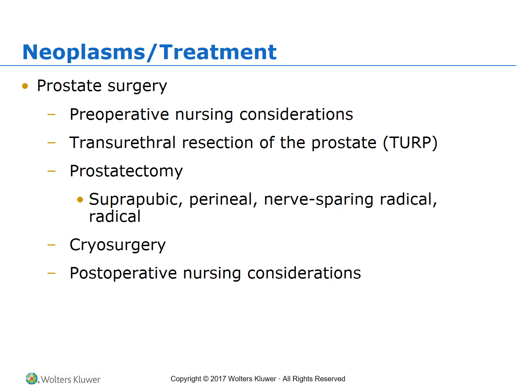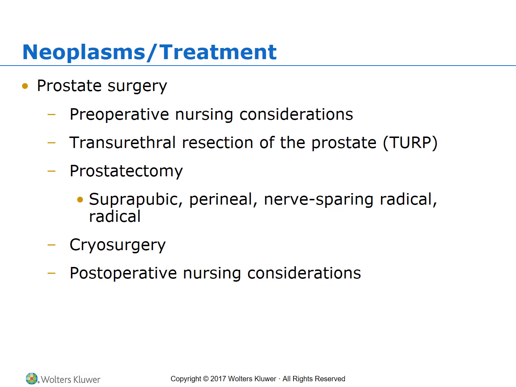They can also do cryosurgery, which is an incision in the perineum, and they have a special tool utilized to freeze the tissue. Risks are similar to other types of procedures.